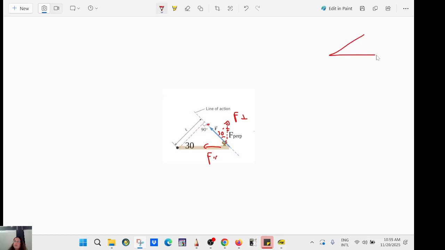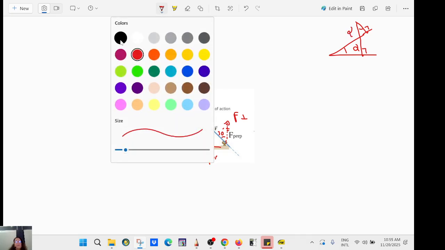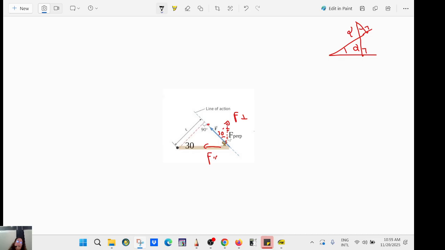Remember from geometry, if you have an angle here, and this is perpendicular, and this is perpendicular, okay. So that will be the perpendicular, and let's say that will be the distance. I'm going to call that d, between the axis of rotation and where you are applying the force.